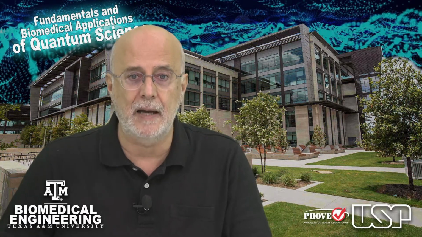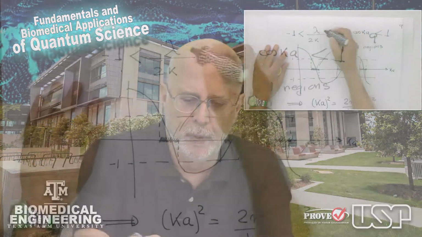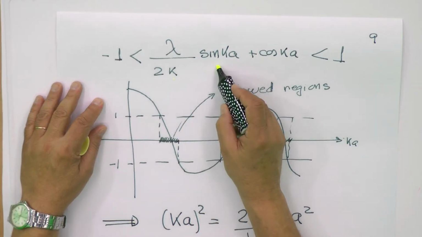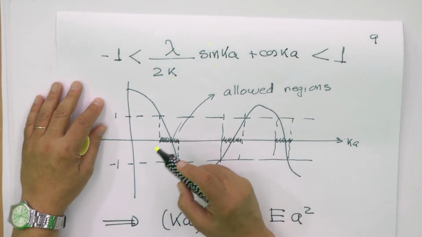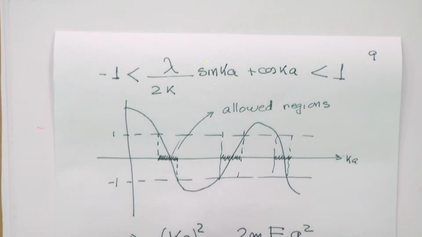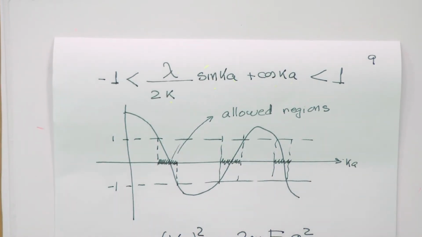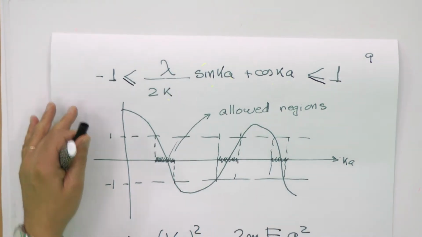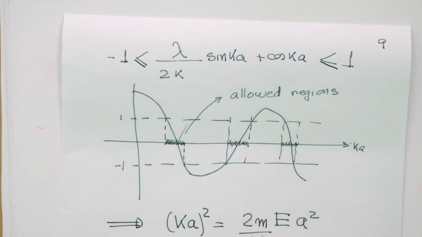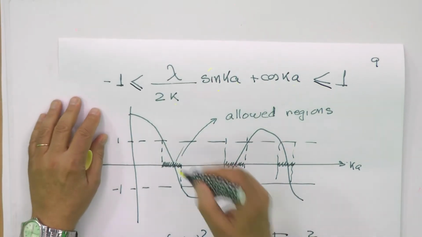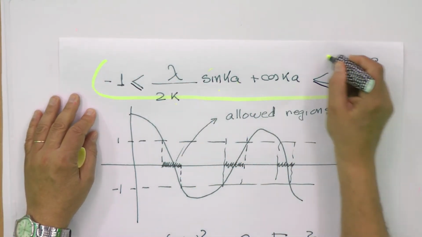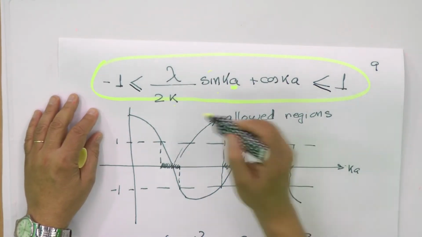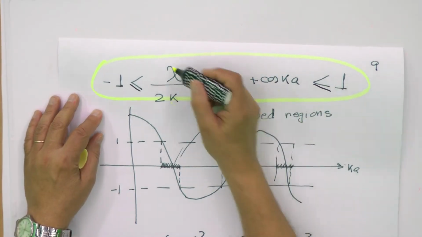So I'm going to rewrite this, putting that lambda divided by 2k sine of Ka plus cosine of Ka has to be less or equal, let's be correct here, to 1, and bigger or equal to minus 1. That's the condition for the energies. That's the condition for the relation between the periodicity, the energy in K, and the potential.